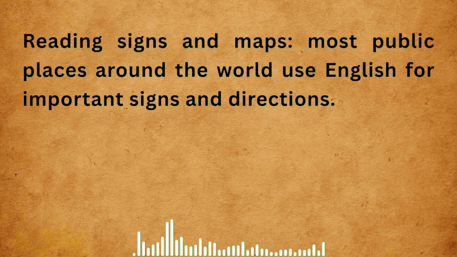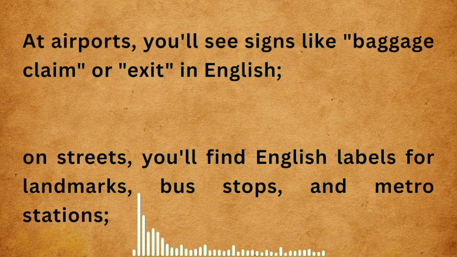Reading signs and maps. Most public places around the world use English for important signs and directions. At airports, you'll see signs like baggage claim or exit in English. On streets, you'll find English labels for landmarks, bus stops, and metro stations.